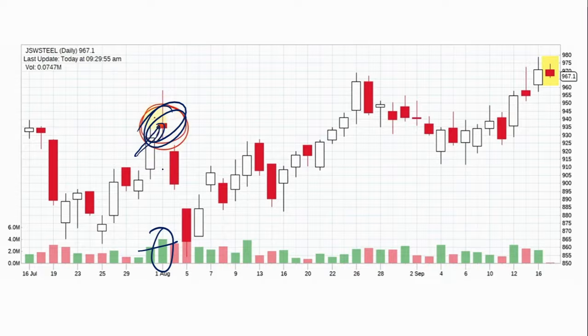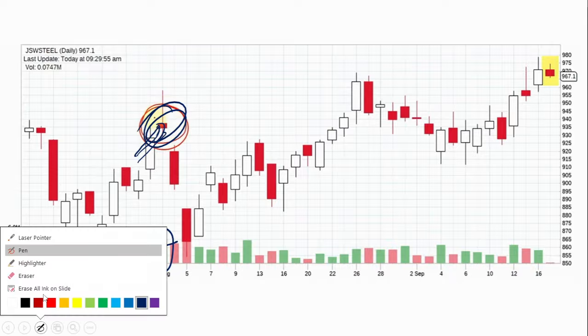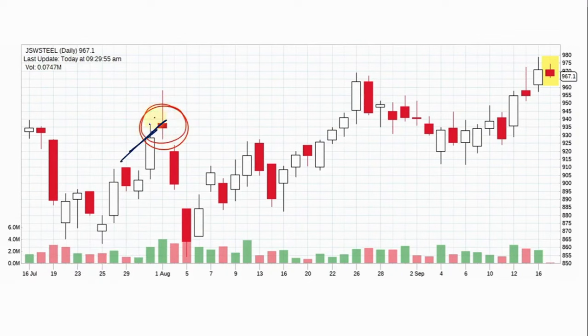A narrow spread candle with very high volume is a classic sign of a fake move. Such setups often create a bull trap, where the price may soon reverse.